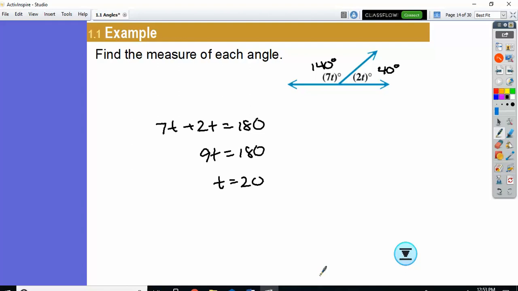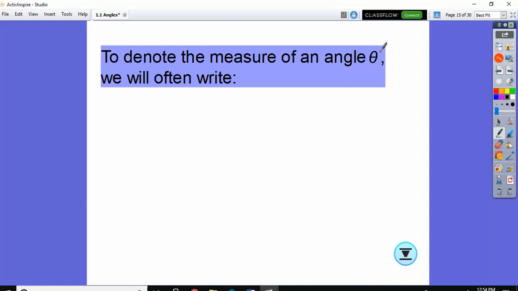A notation thing. In trig, you will find that for variables, a lot of times they use Greek letters. So you're used to x, y, and z, but then we start throwing alphas and betas and thetas and all of these things at you. It's no different, just means a variable. So a very common one that we'll start with is this symbol. That's called a theta. It's just a Greek letter.